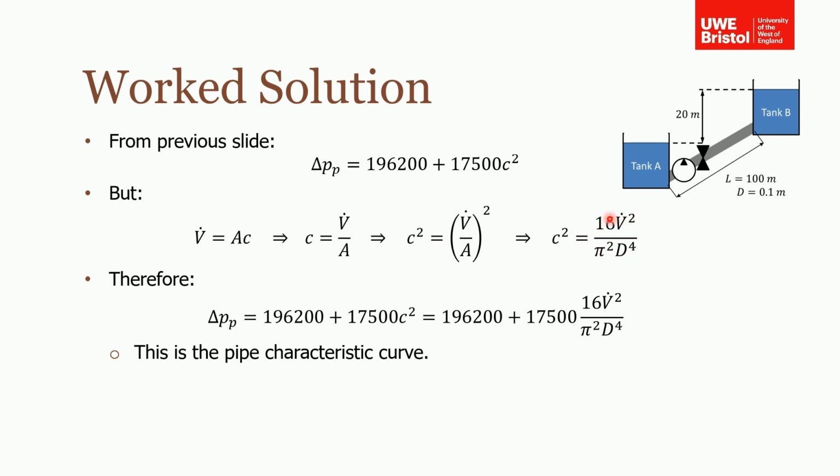So just prove to yourself that you can get to that solution here. Now we substitute that in for c squared into our formula. So now we have the pressure rise from the pump in terms of volumetric flow rate. And this is what we call our pipe characteristic curve.